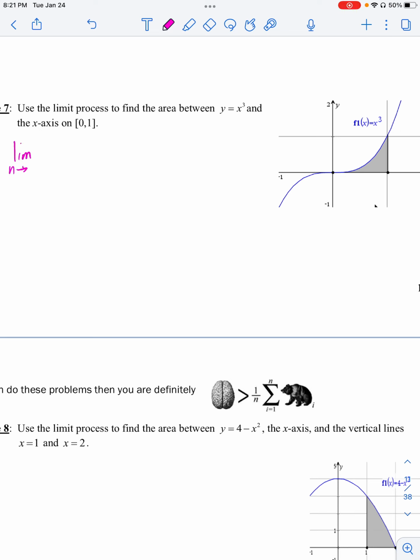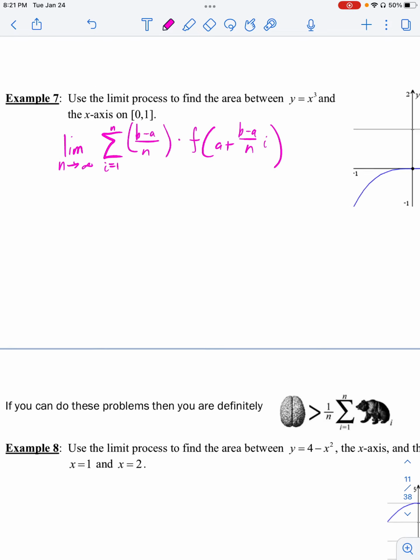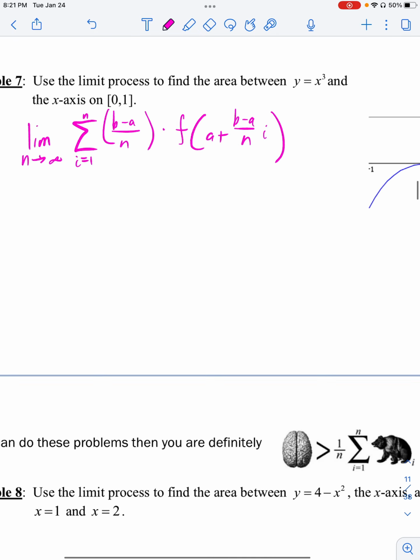The limit as n goes to infinity of the sum from i equals 1 to n of (b minus a) over n times f of (a plus (b minus a) over n times i).